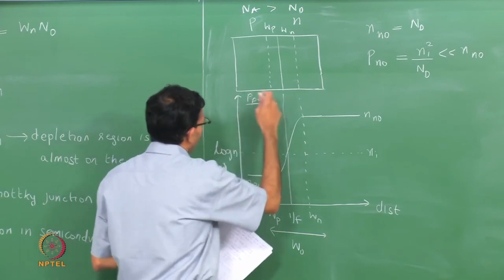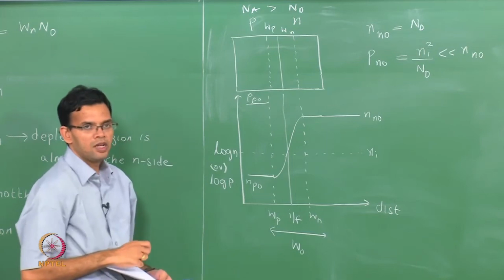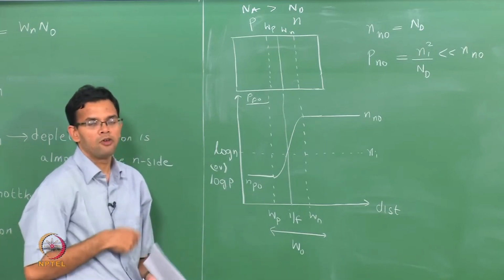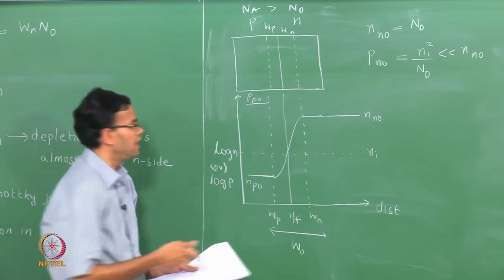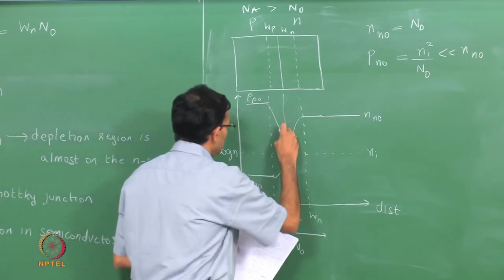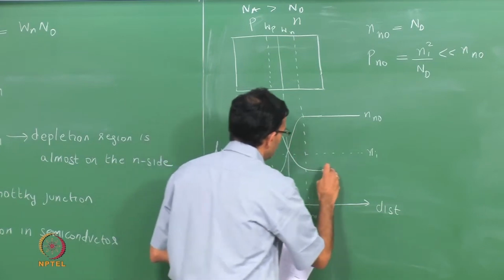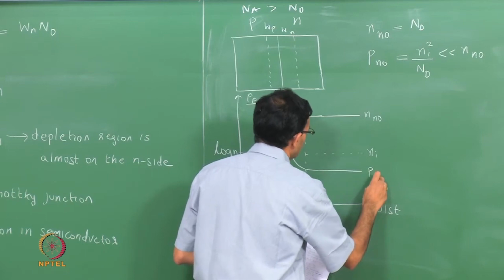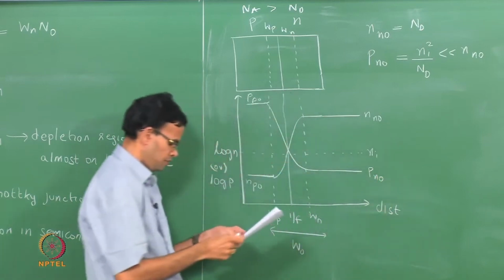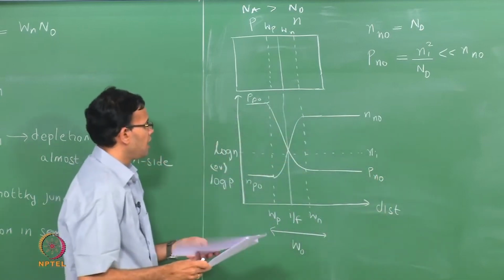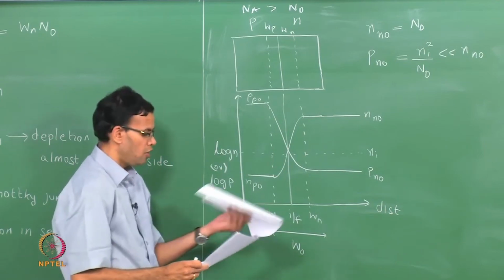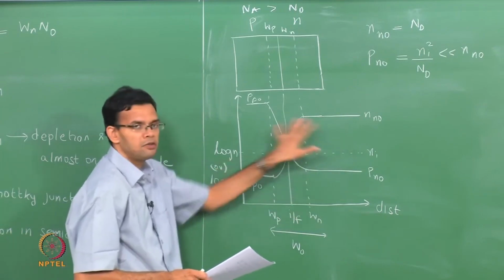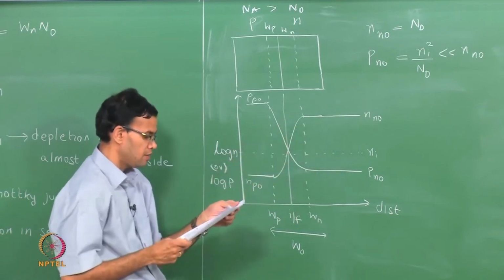Once again, when we reach the depletion region, this number is going to drop, because you have holes moving from the p side to the n side, and then far away from the junction we have the concentration Pn0. So, this graph shows you how the electron and the hole concentration change as we move from the n to the p or from p to n.